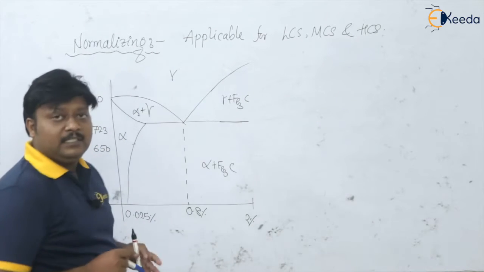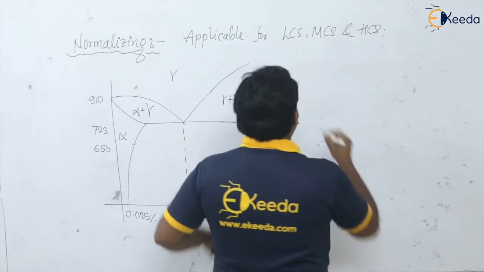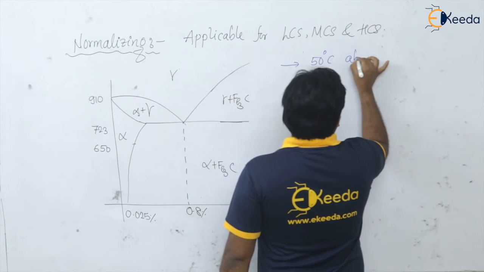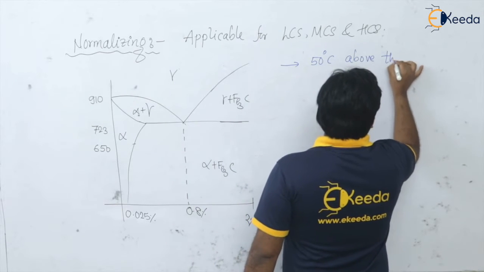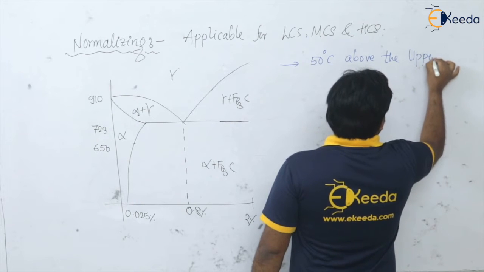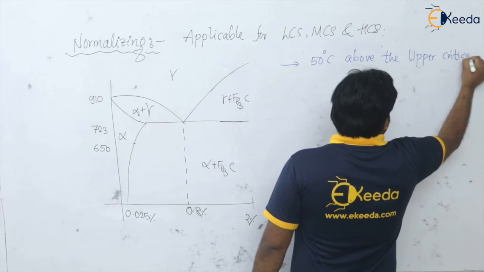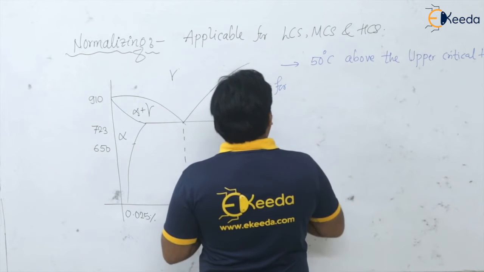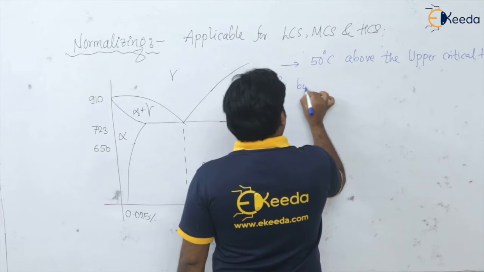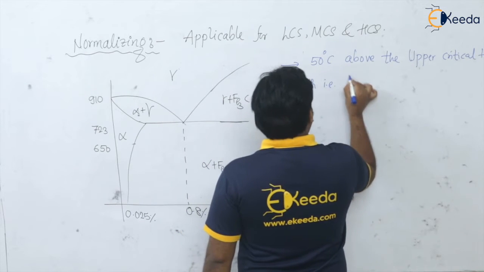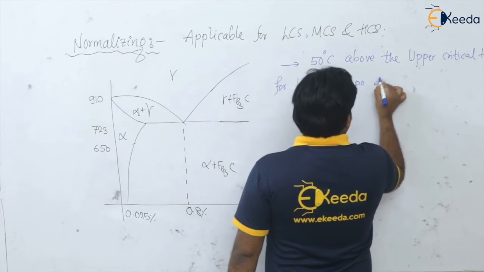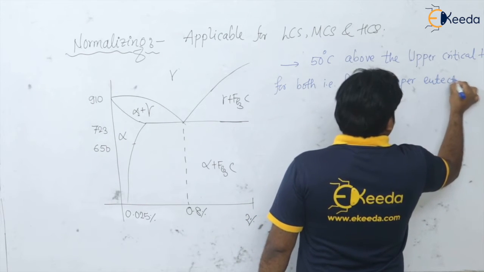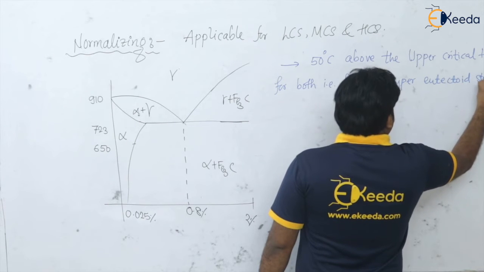So in normalizing we are heating the steel specimen 50 degrees centigrade above the upper critical temperature for both, that is hypo and hypereutectoid steels.